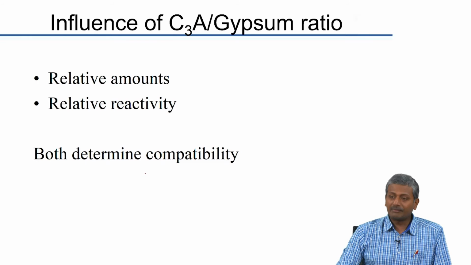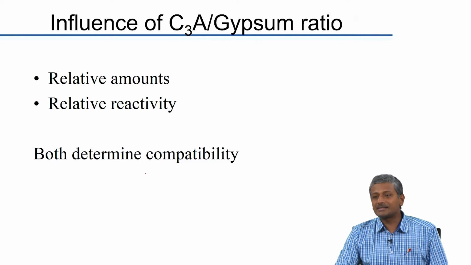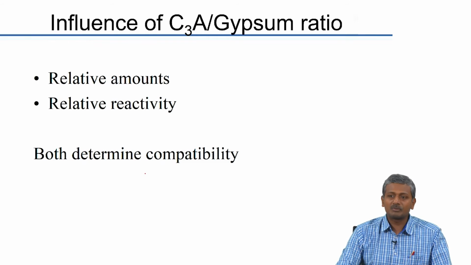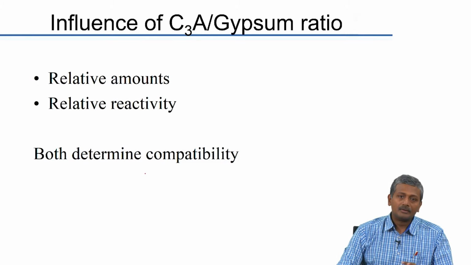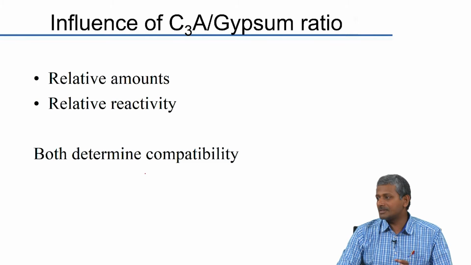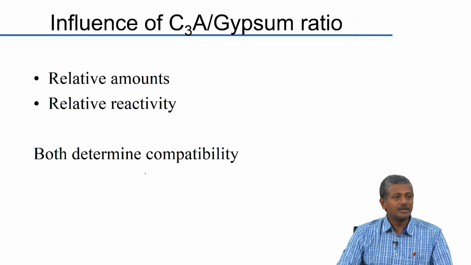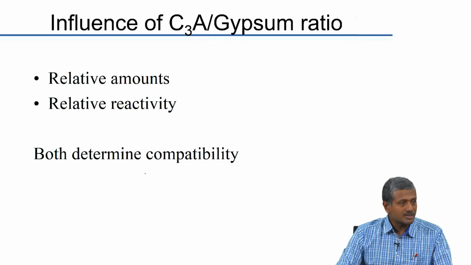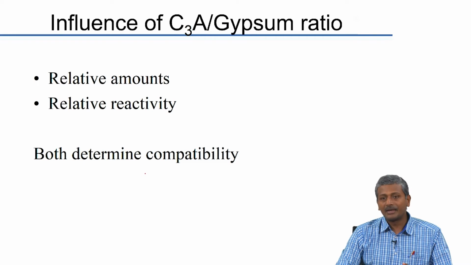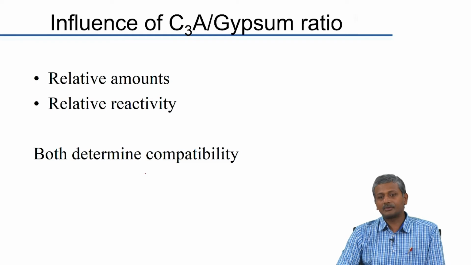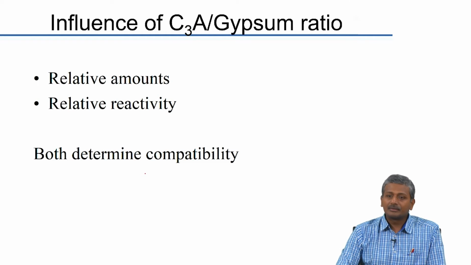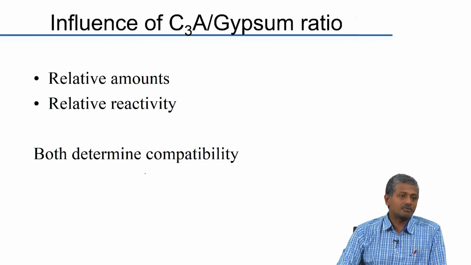Now, interestingly, what we have not looked at in the cement chemistry earlier, we will try to cover here, in terms of the interaction between the C3A and the gypsum. The relative amounts and the reactivity of the C3A phase and gypsum present in the system can govern to a large extent what happens in the initial stages, and especially when you have a superplasticizer in the system, you may create different conditions of incompatibility.